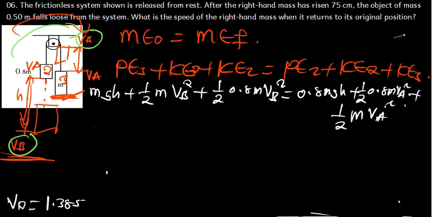Now I can see that I have m everywhere. I can cancel the m. So this m will go, this m will go, this m will go, this m will go, as well as this m.